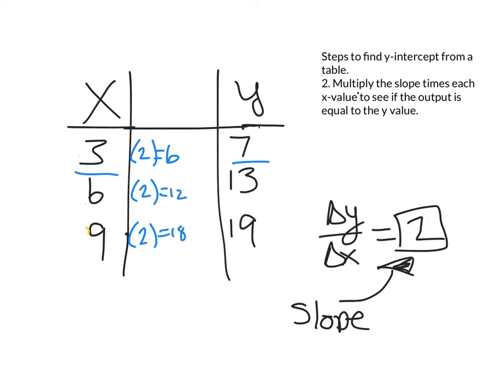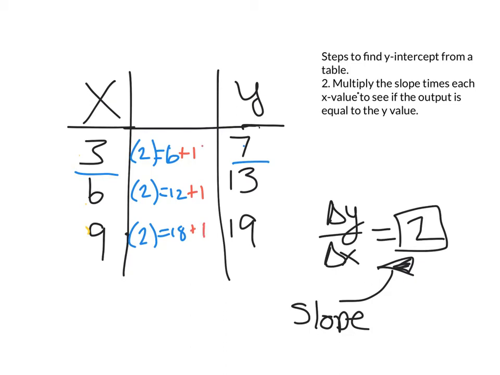So what I need to realize now is, I have a 6, not a 7. So there's an extra step involved here. I need to figure out, what do I need to add or subtract to 6 to make it into 7? The difference between 6 and 7 is I need to add 1. As we look down the table, to get from 12 to 13, I need to add 1. To get from 18 to 19, I need to add 1.